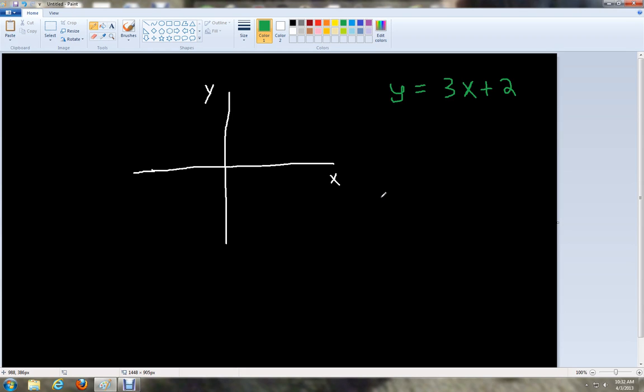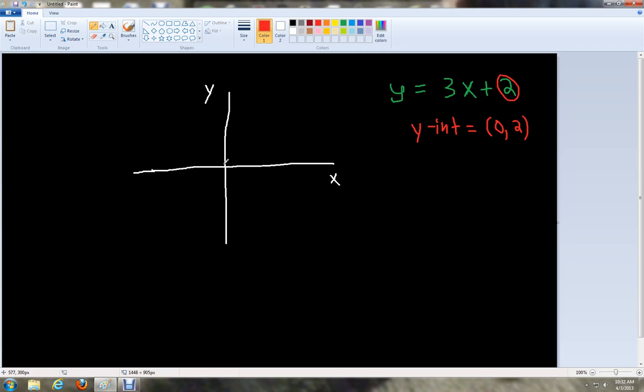The first thing we're going to plot is the y-intercept. We know that our value of b is 2, but as an ordered pair, x is 0 and y is 2. Remember that the 0 comes first, and then the value b is 2.